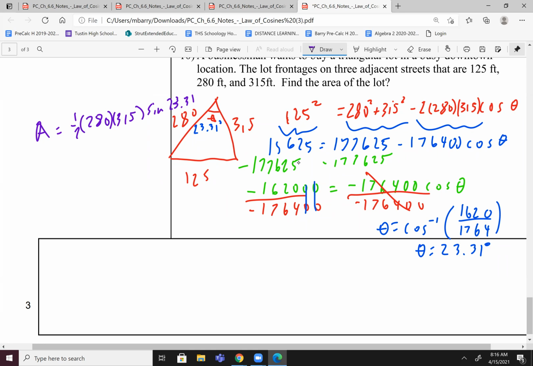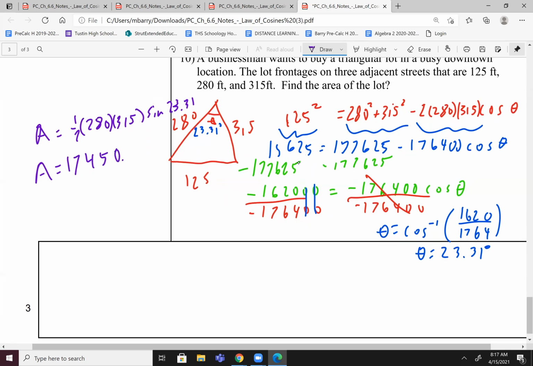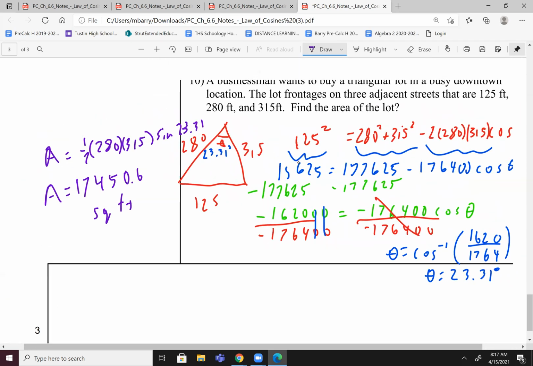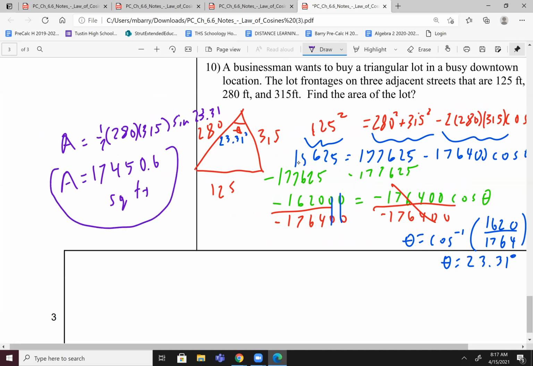The big thing on this formula is that that angle needs to be in between the two sides that we're using, and you can see that it is. So 0.5 times 280 times 315 times sine of 23.31 is going to give you my answer. So the area of this is 17,450.6 square feet. Square feet is just the unit of measurement for area for feet.